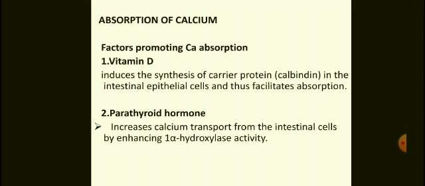That is, parathyroid hormone converts vitamin D by hydroxylating it at the first position to form the active form of vitamin D. Once vitamin D is converted to its active form, it facilitates the absorption of calcium from intestinal epithelial cells.